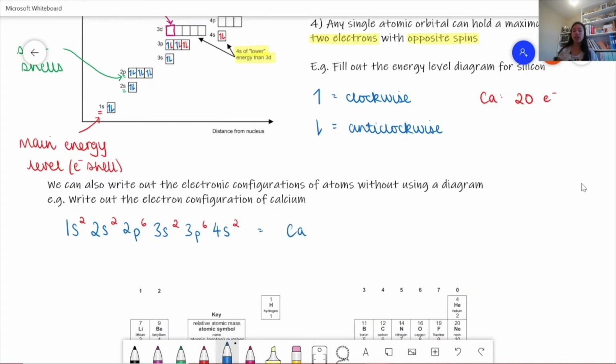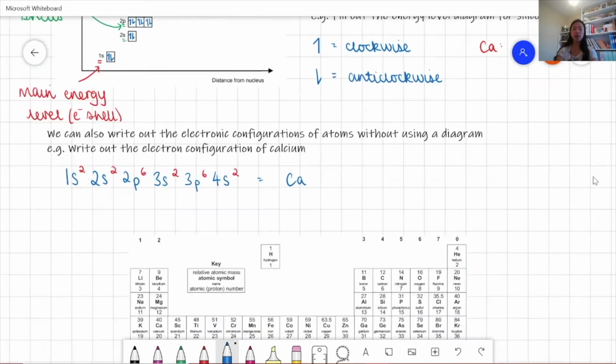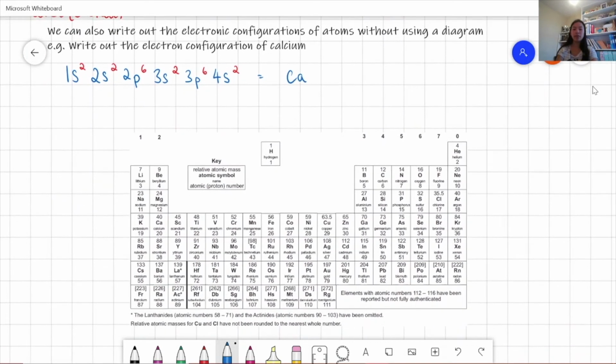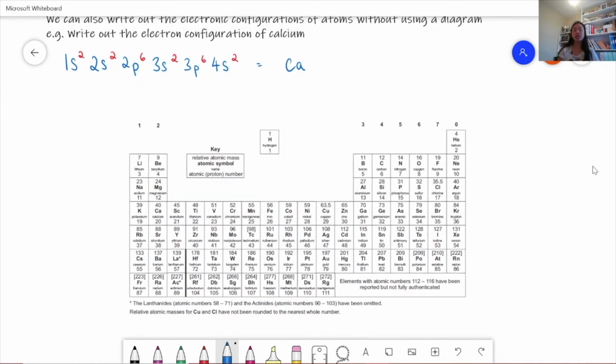And now we're actually going to look at what this means on a periodic table, so what the relationship is. So going to the periodic table, we can split this up into blocks. If we look at this block here on the left, and if I split it off like this and draw it into a rectangle, this block is what we call the s block.